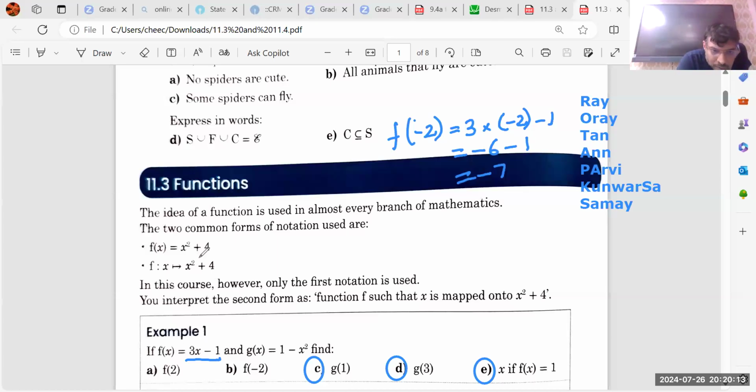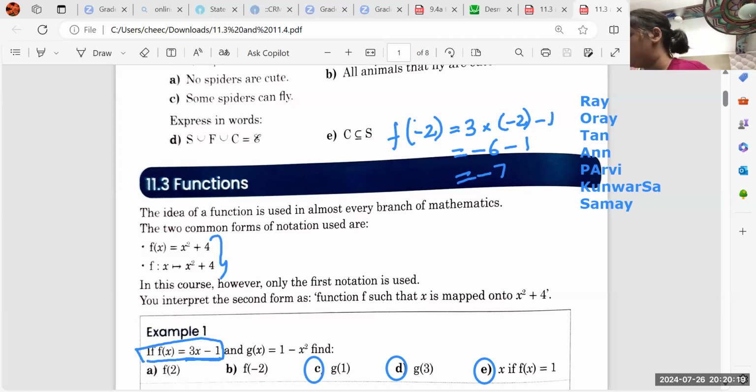Beta, that was just the definition. This is my question. Every time the function will be different. Samay, when I give 3 questions, I need 3 answers.